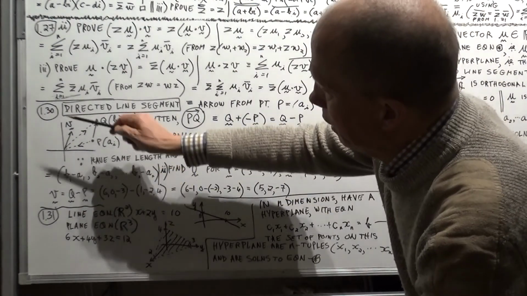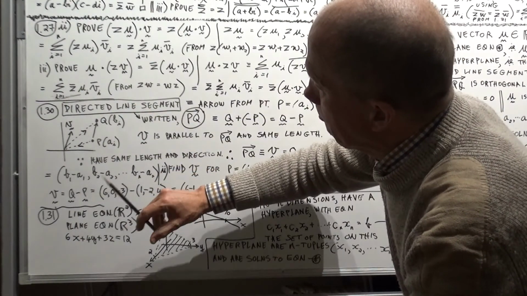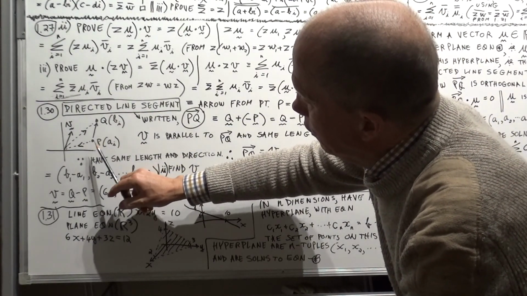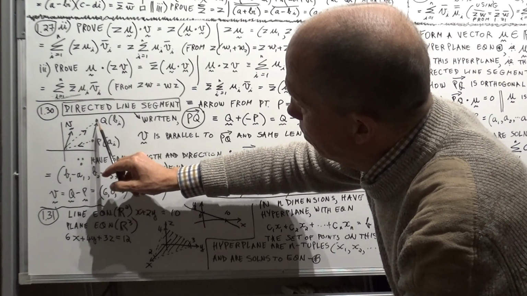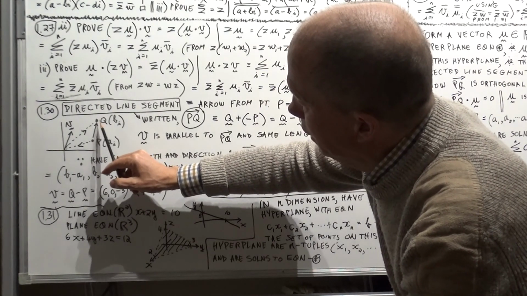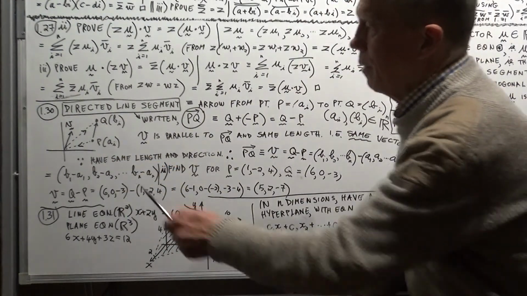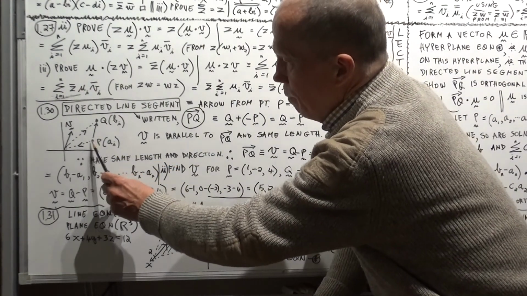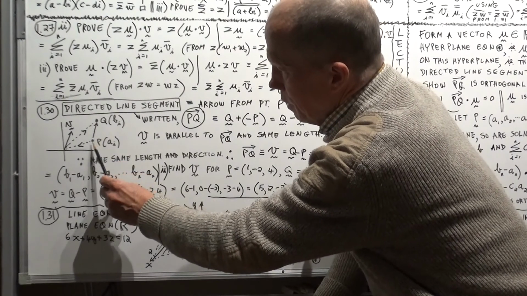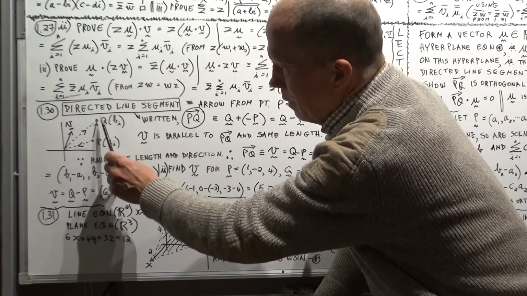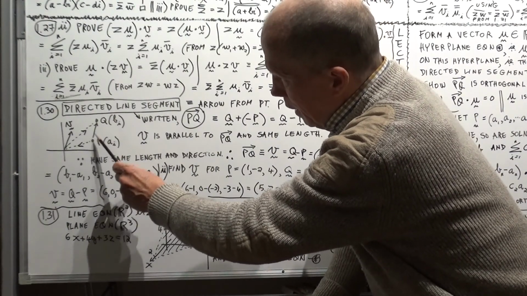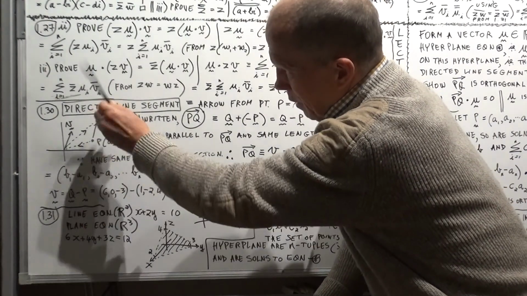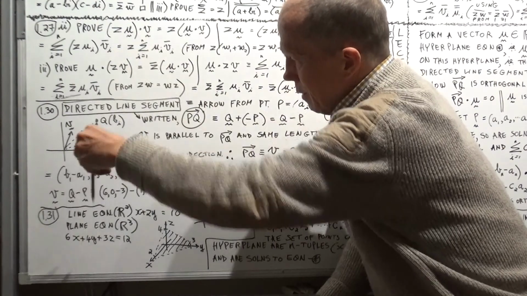Now, in ordinary 2D space, you've got to imagine a point P here and another point Q here. So the arrow from P to Q, it's just a line. So it's a line segment, and it's directed. It's pointing either that way or the other way.